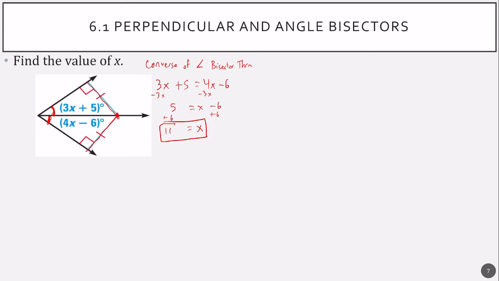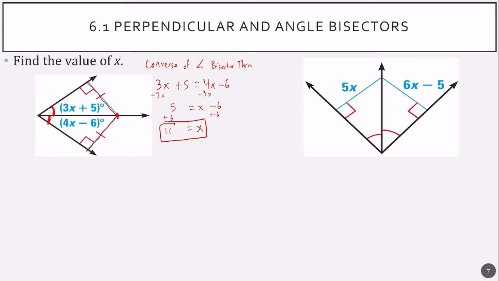Let's try another. All right, this time we know that we have the angle bisector that's given. So that means this point has to be equidistant from the two sides of the angle. So this is just the angle bisector theorem.